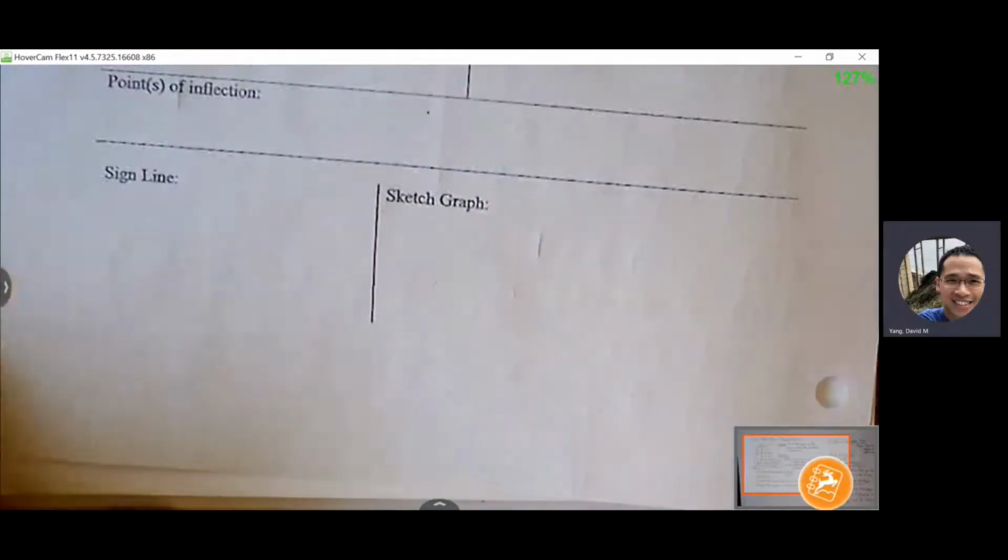All right, so let's go to the back. We'll do a full curve sketching problem here.